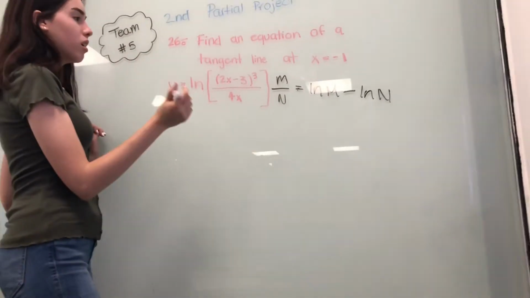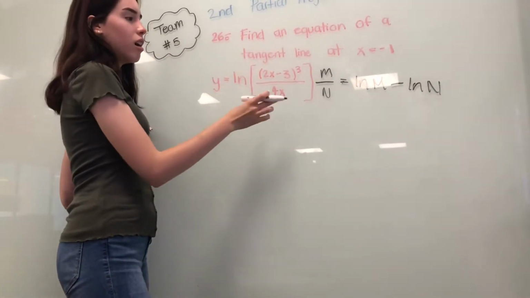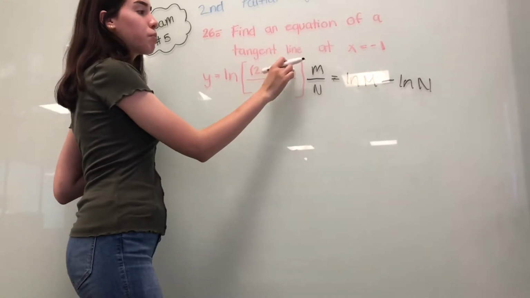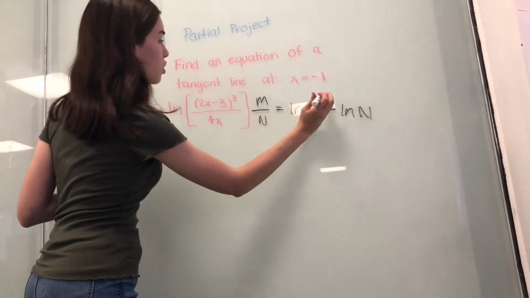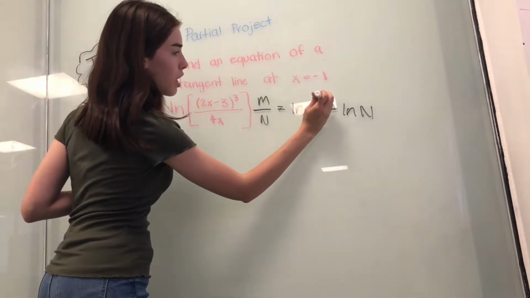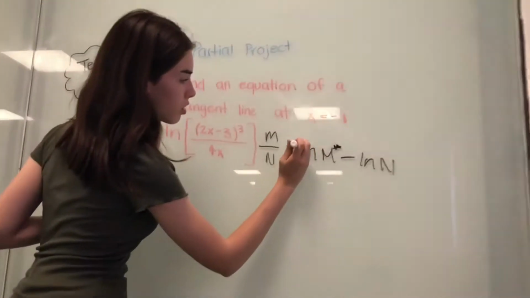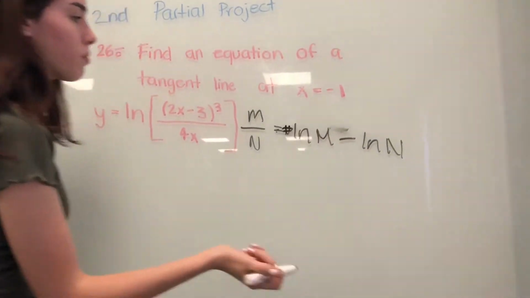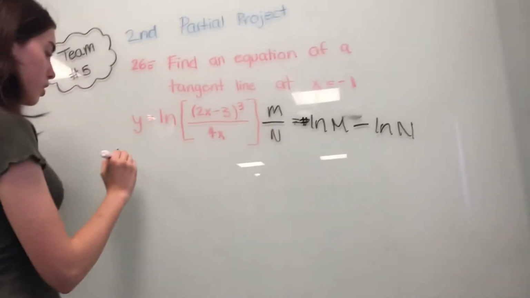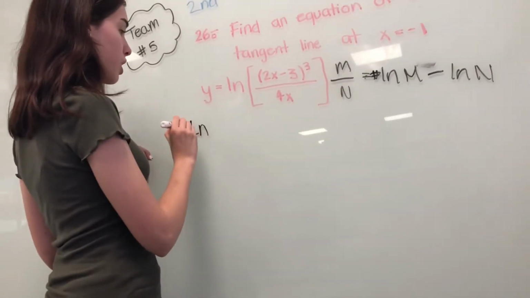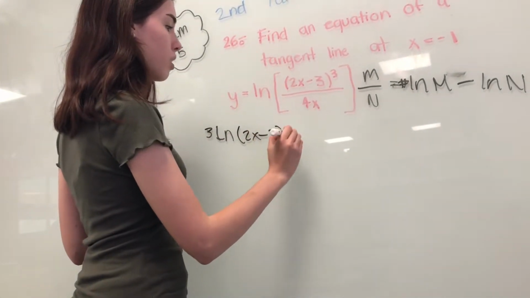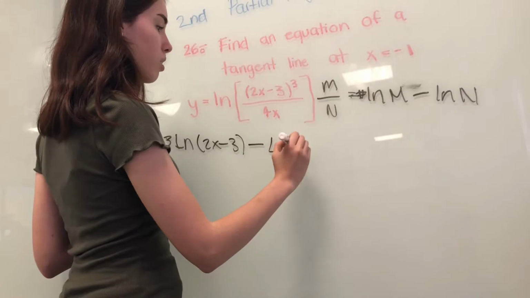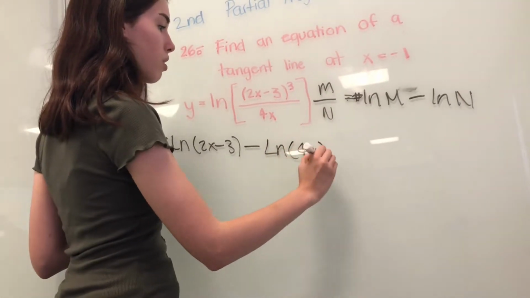After that, it also says that if I have an exponent, it passes to the front multiplying. In this case we do have an exponent, so it's going to be 3 ln of 2x minus 3 minus ln of 4x.